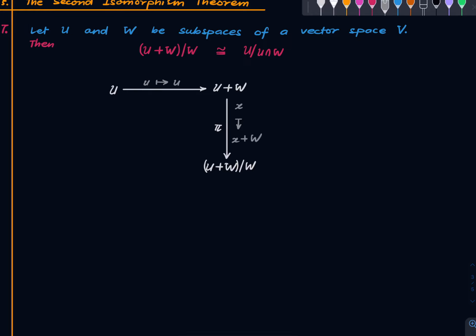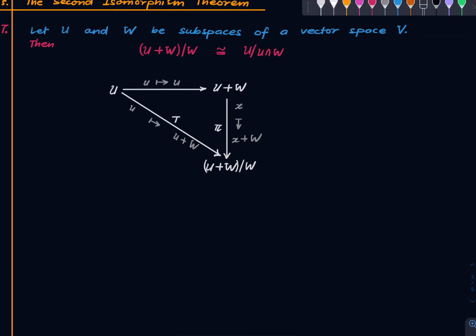That's that map. The composition of these two maps is what we will be calling T. So this is T. And we can see that it takes little u to this particular coset, this particular vector. So that's the description of capital T.